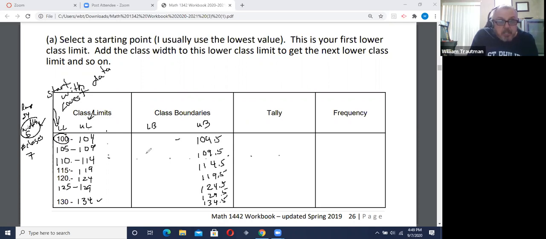Now, if you remember, the lower boundary is the same as the upper boundary of the previous one. So 104.5 goes here, 109.5, 114.5, 119.5. Sorry, I'm a little messy here.